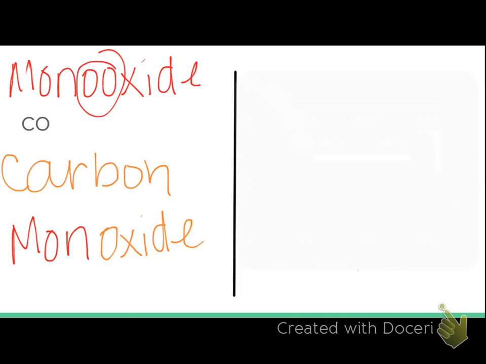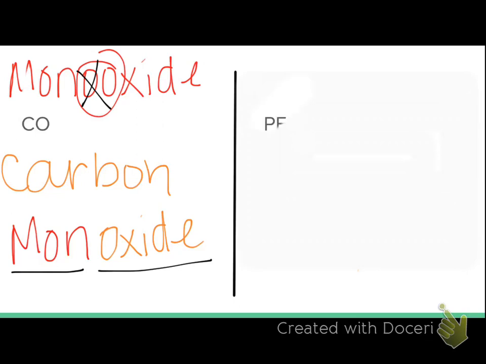So if your anion or your second element starts with a vowel like oxide and you're doing mono, what you can do is just drop one of these O's. See what I did here, and just go straight from mon to what you're looking at here. Oxide's where you're going to see that a lot. You can also see that with your iodides as well.